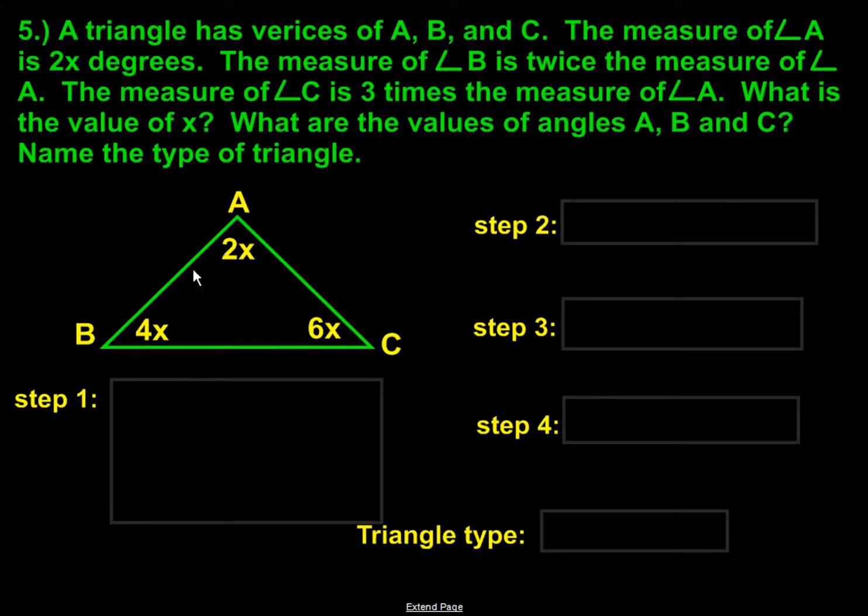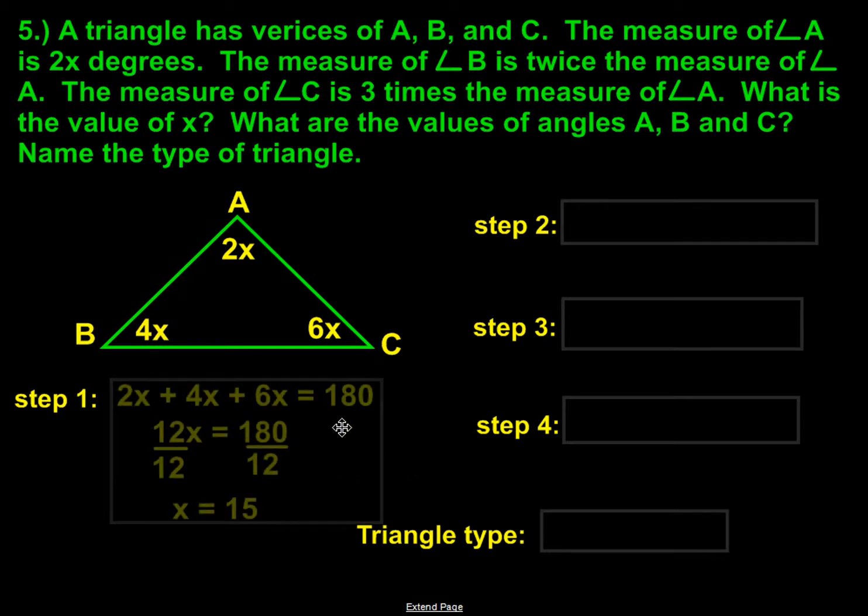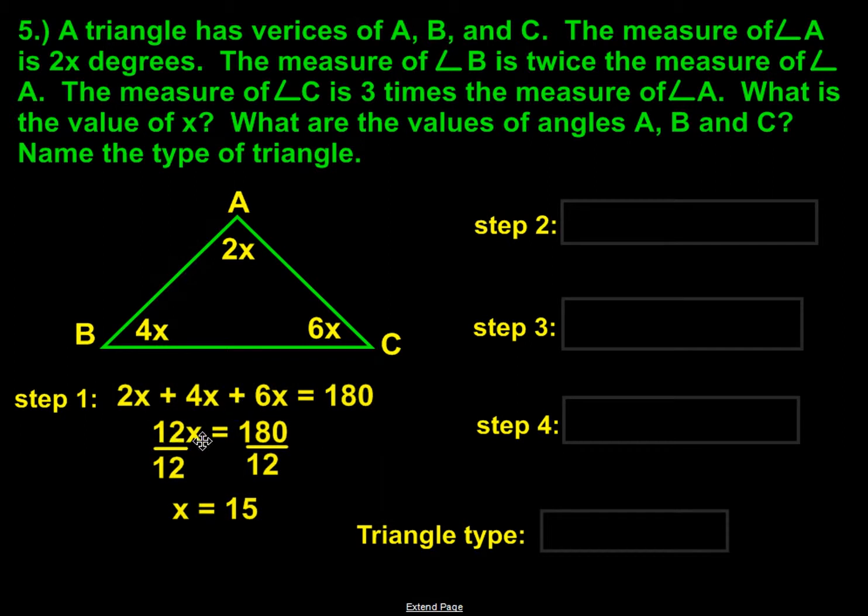So to start, we have to determine, just like we did before, a value for x. So we're going to take 4x, 2x, and 6x and put them together, all equaling 180 degrees. So adding the x's together, we're going to get 12x equals 180 degrees. We divide by 12 on each side. We get a value of 15 for x. We can now take that and plug it into each one of these equations. So we'll start with angle A, which is 2x, or 2 times 15.